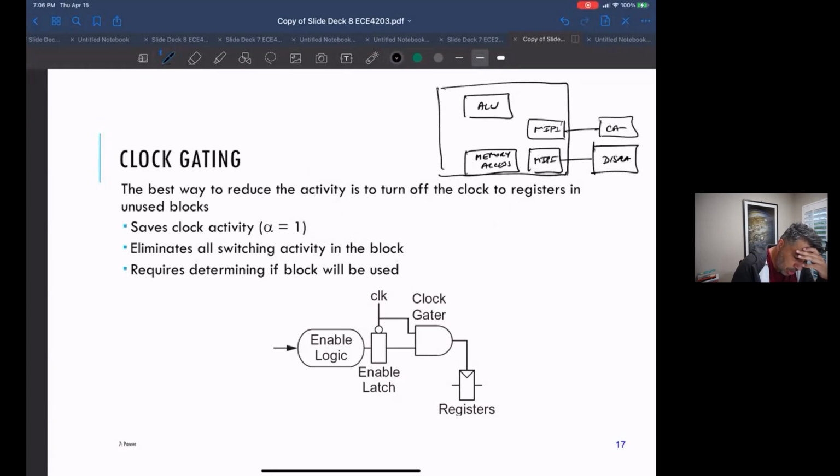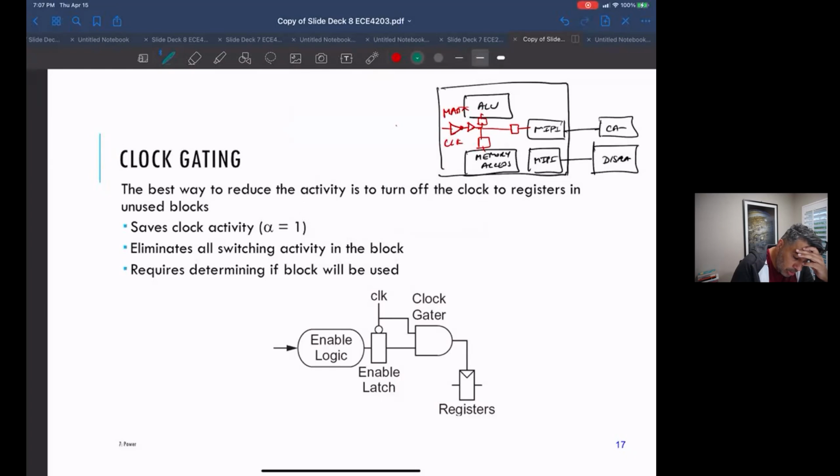There are a bunch of different blocks, and you have a master clock inside. What you do is put a clock gate, so-called, that turns the clock on only in circuits that are being used.